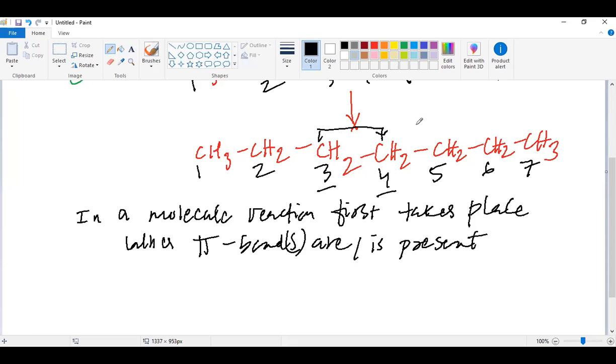And thus, my dear students, we can say that therefore pi bond provides active center.